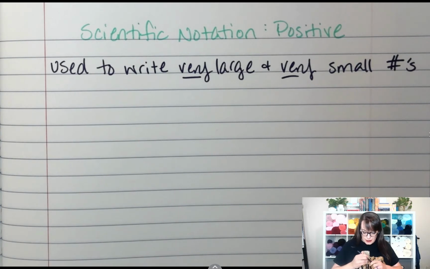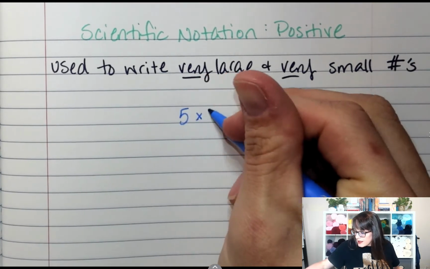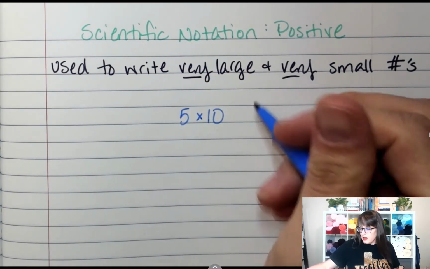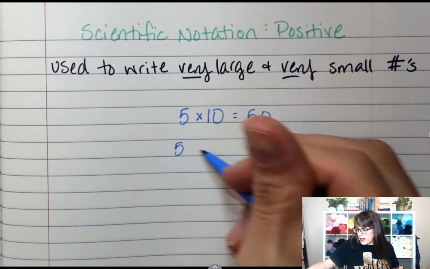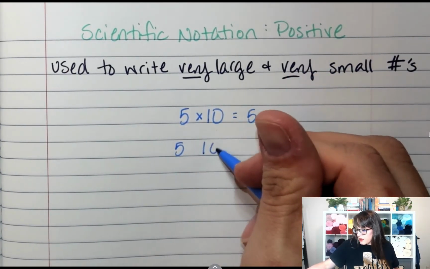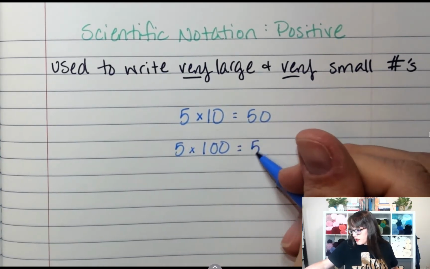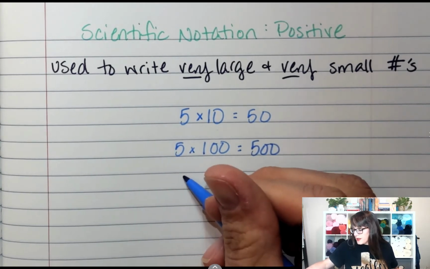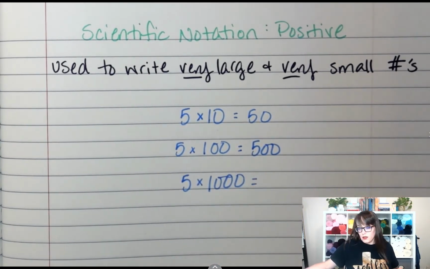So to back this up a little bit, to write scientific notation, it deals with the idea of powers of 10. So 5 times 10 is 50. 5 times 100 would be 500. 5 times 1,000 would be 5,000.